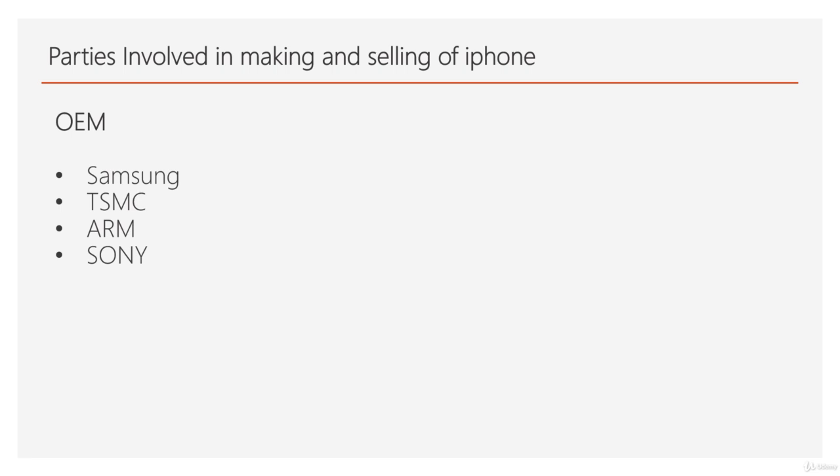Then there is TSMC, which basically manufactures all the semiconductors, all the different sorts of memory chips. Then there is ARM, which designs all the processors. Then there comes Sony, which basically used to design camera modules and camera sensors, all that kind of stuff.